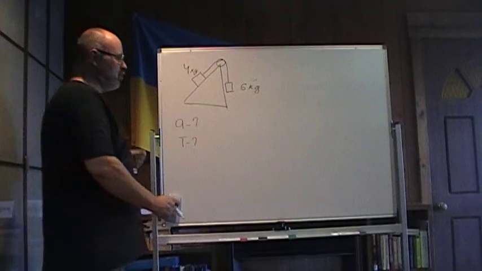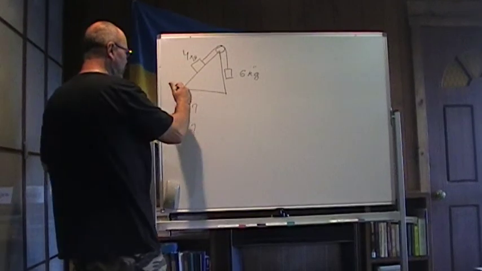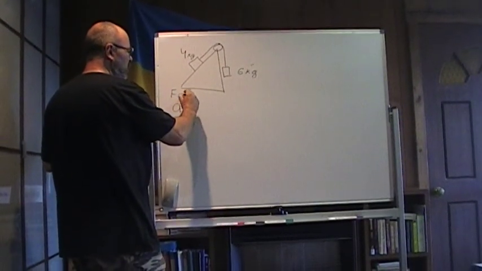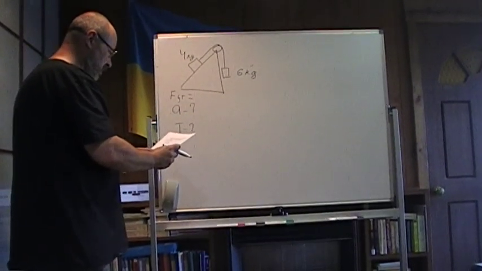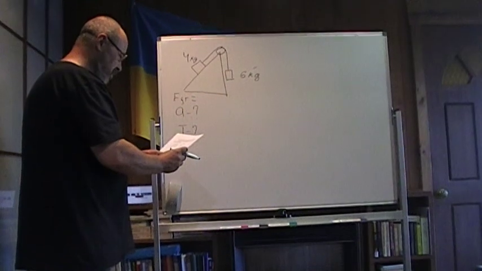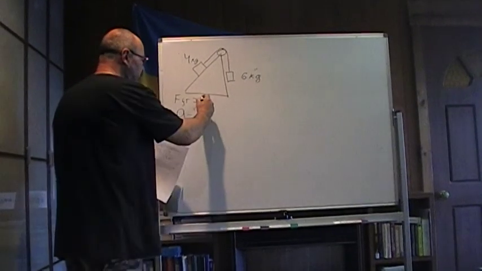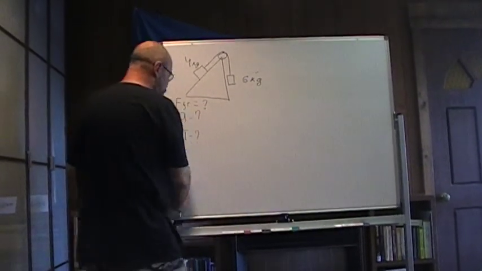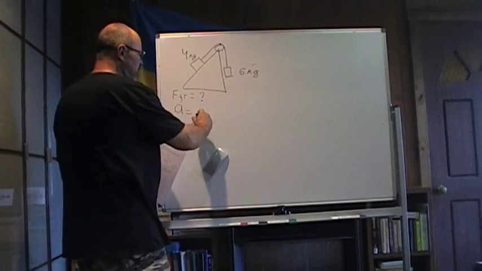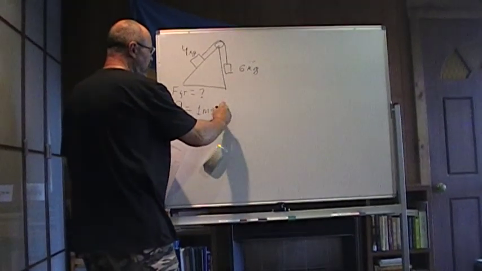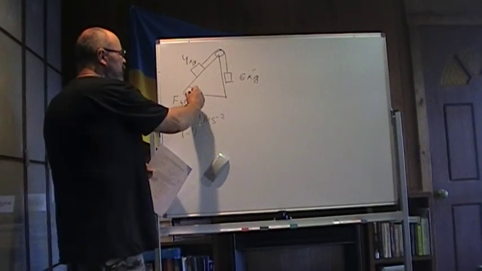Diagram, label forces. And we also have a friction force acting between the object and the inclined plane. That friction force we need to find out, because we have the acceleration given, which is 1 meter per second squared, but we need to find friction, and the angle is 30 degrees.